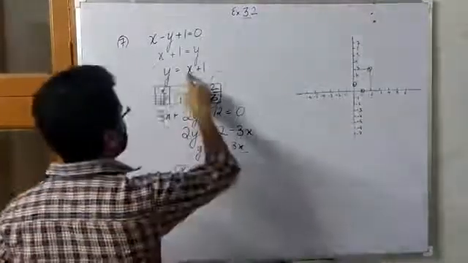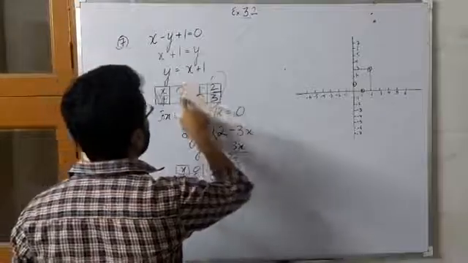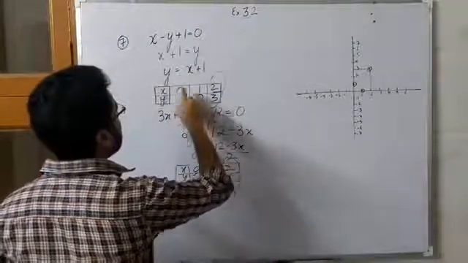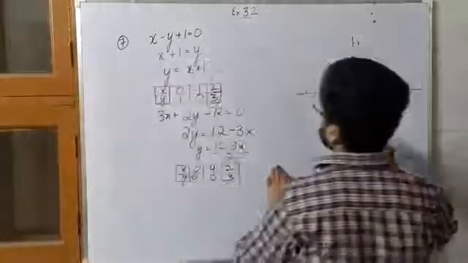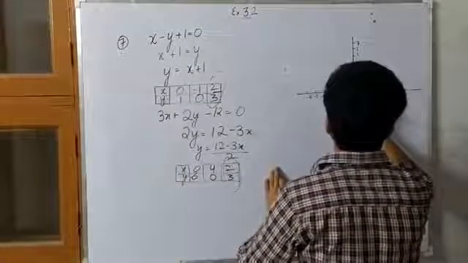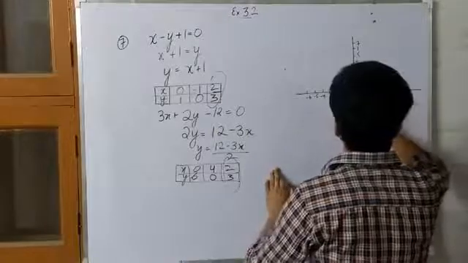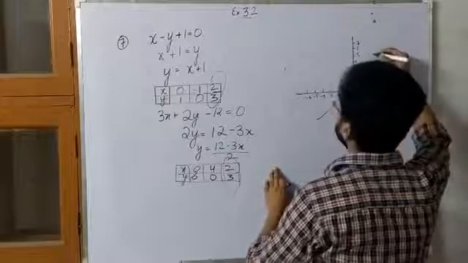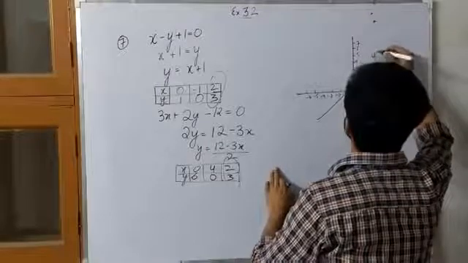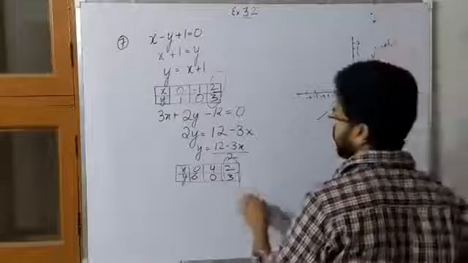Sorry, take x equals 0 and y equals 1. And what about this point? When we put y equals 0, the value of x will be minus 1. So this point will be minus 1, 0. When you join these points, ठीक है, you will get a straight line, and the equation of this line was y equals x plus 1.